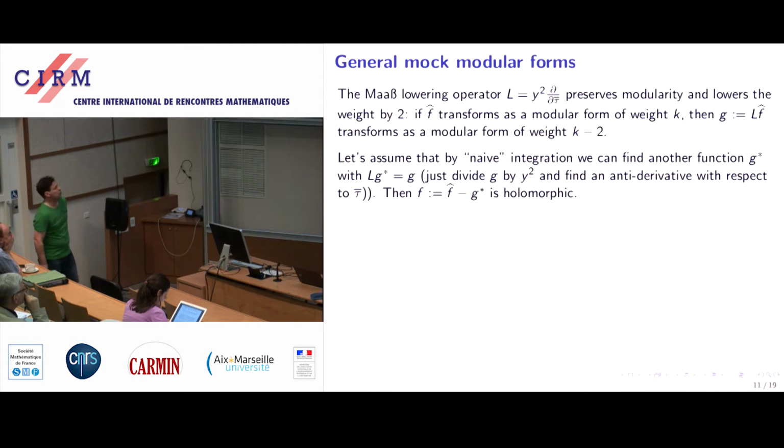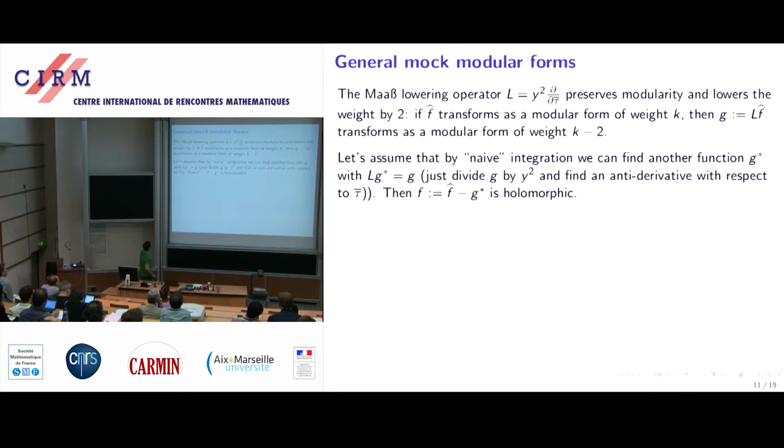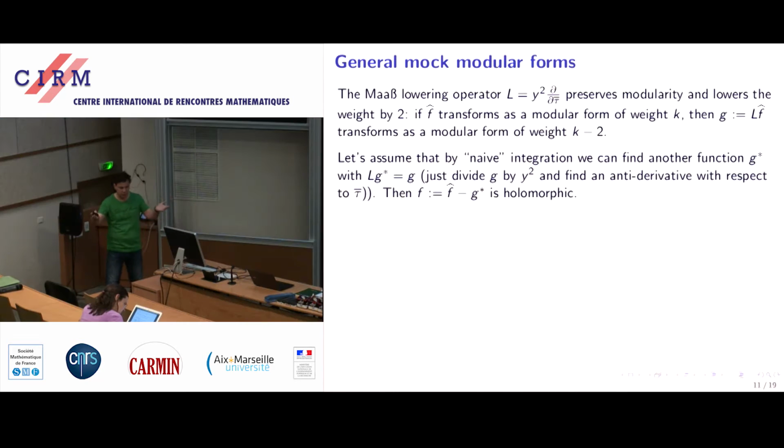Okay, so now comes the thing. Let's say that I have a function f hat. I put in the hat deliberately, so that's going to be similar to the f hats that we had before, the completion. That's the object that is not quite holomorphic, but it does transform like a modular form.